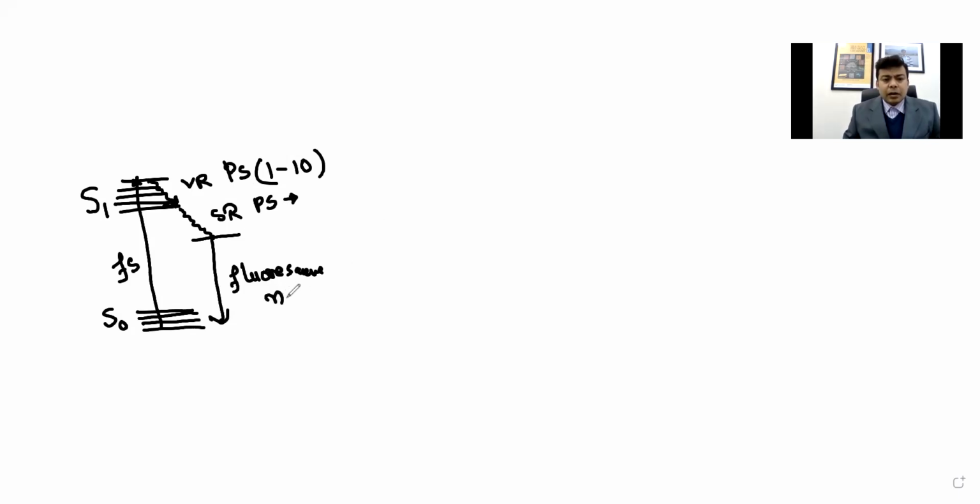And fluorescence typically occurs on the nanosecond time scale, and depending on fluorescence lifetime, it can vary, okay? And of course, the probability of transition, there are a lot of other things involved here, but typically nanoseconds. So they are very well separated: 10 to the power minus 15 seconds, 10 to the power minus 12, 10 to the power minus 9 seconds. The time scales are quite well separated.